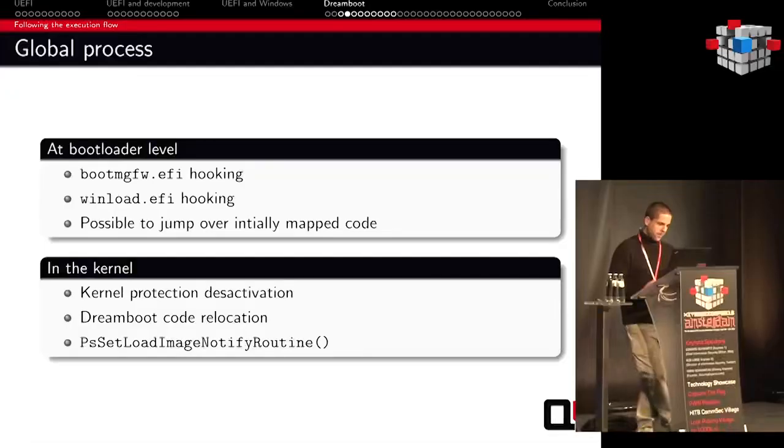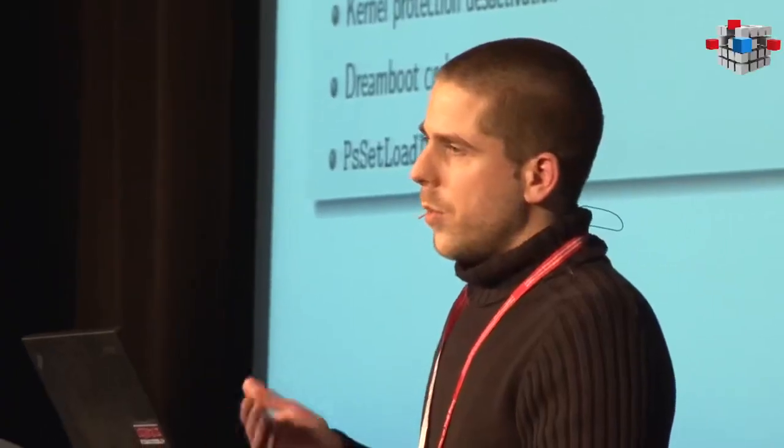But there is some trick to deactivate some kernel protection to make it work. For payload development, we use the PsSetLoadImageNotifyRoutine. We insert a callback in the system, which is called when new processes are spawned or new DLLs are loaded.